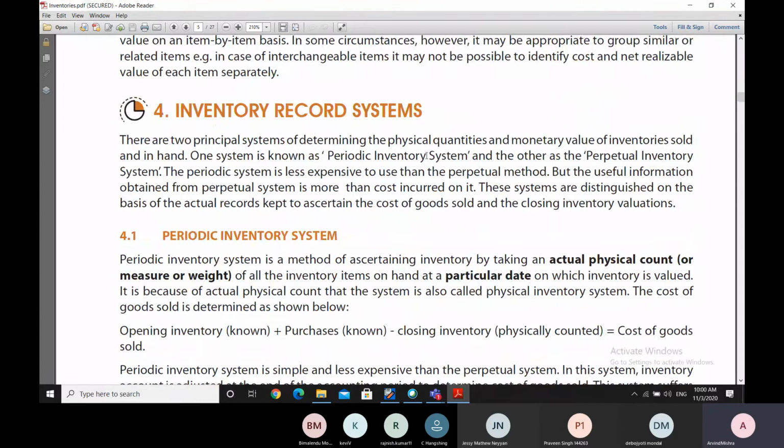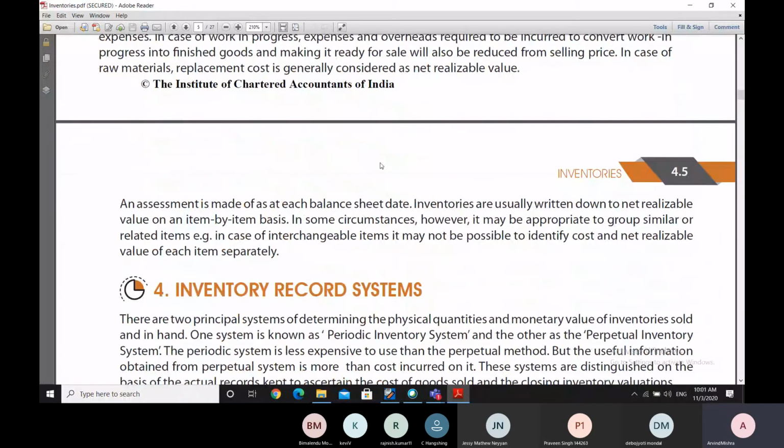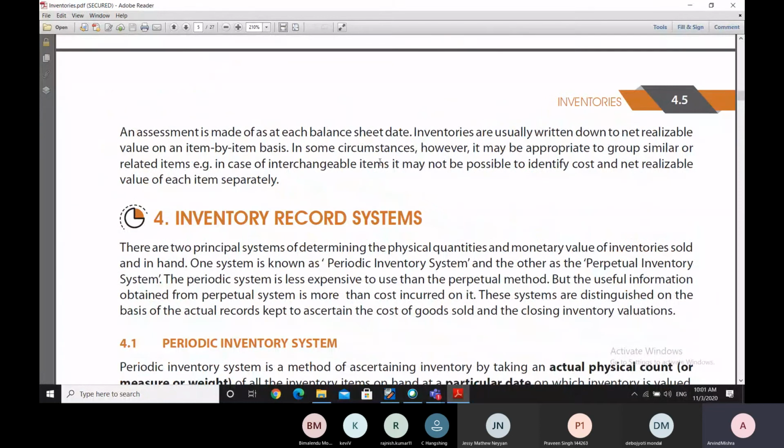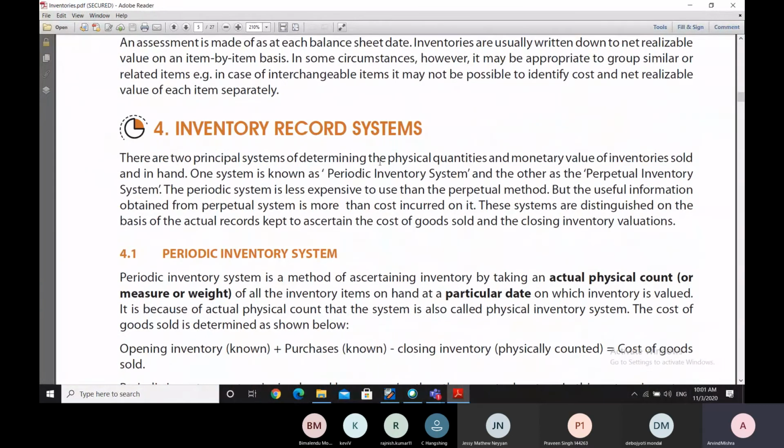Now, let us move into what systems we adopt to record the inventory. Having understood the basis, the net realizable value or cost, and the components of the basis of inventory valuation, we now have to understand the recording systems available to us for recording the inventory.